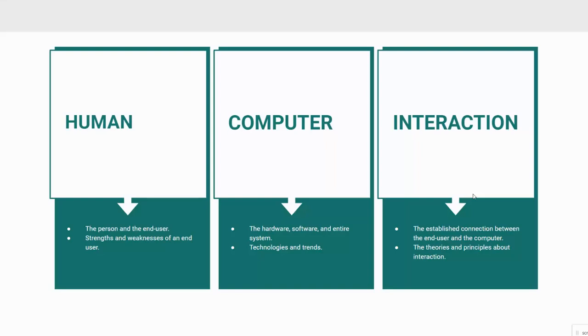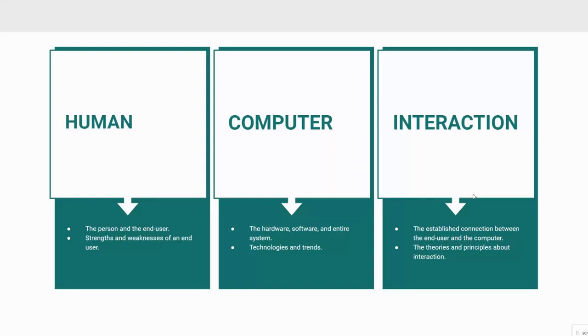Remember that an end user has a particular set of tasks in mind. That's why we use computers. So how can computers accommodate these tasks or requirements coming from the end users in such a way that end users can finish easily? The computer should adjust to the strengths and weaknesses of end users.